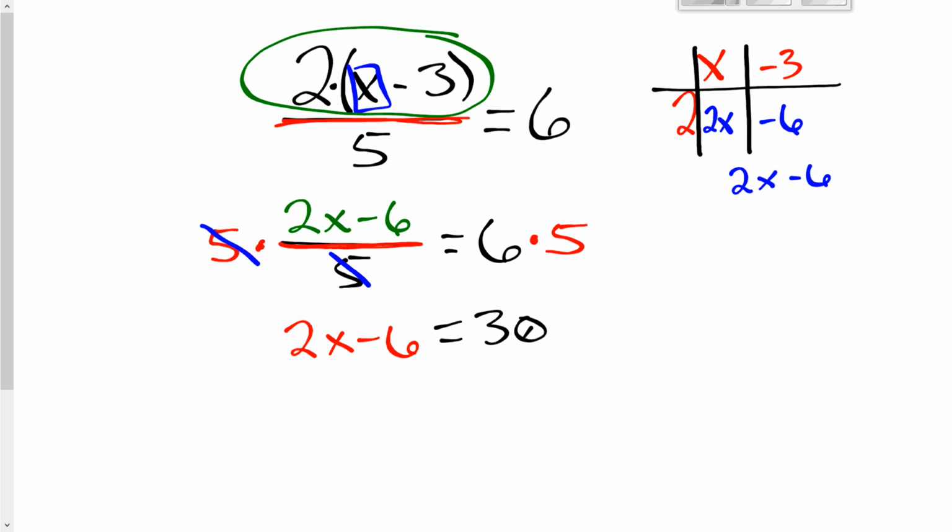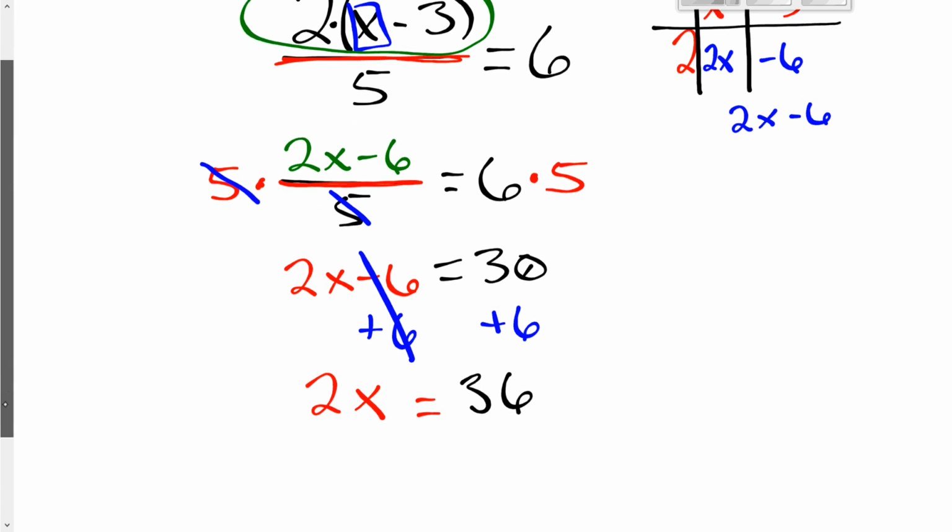Now, a two-step equation. You can pause the video now and see if you can figure it out from here. We'll use the addition property of equality to get rid of the constant. Add 6 to both sides. Cancels out my 6. 2x equals 30 plus 6 is 36. I'm going to scroll down a little bit.